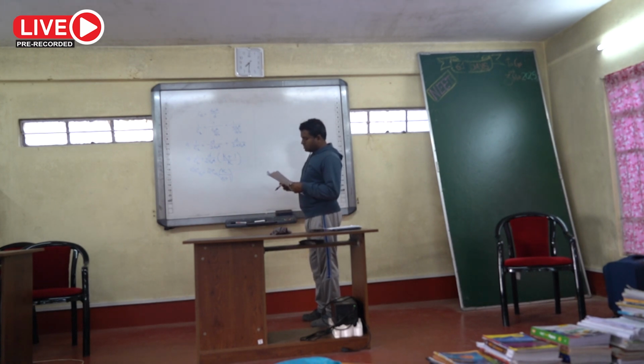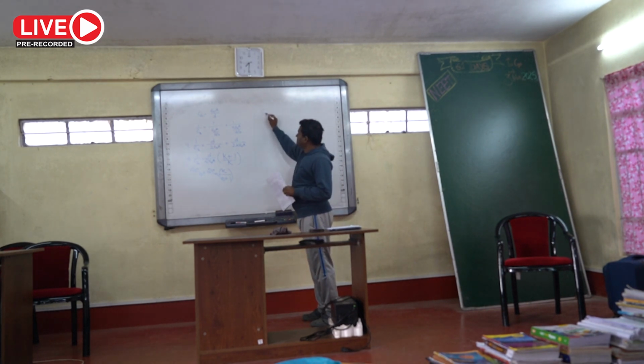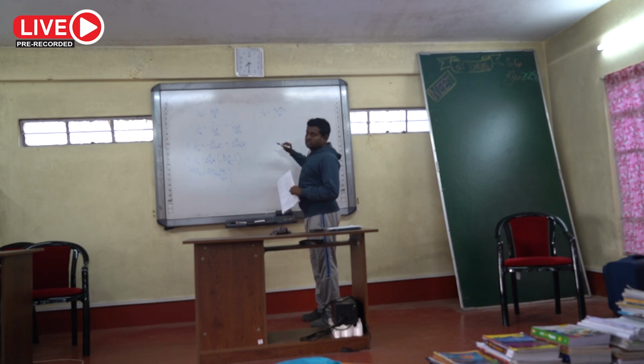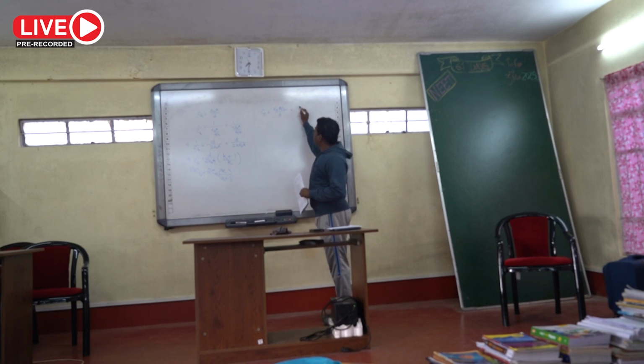Then the third one is series combination. So we can consider Cc, that is coming C1. So first one is epsilon naught A by 2D. Second one is K epsilon naught A by 2D.